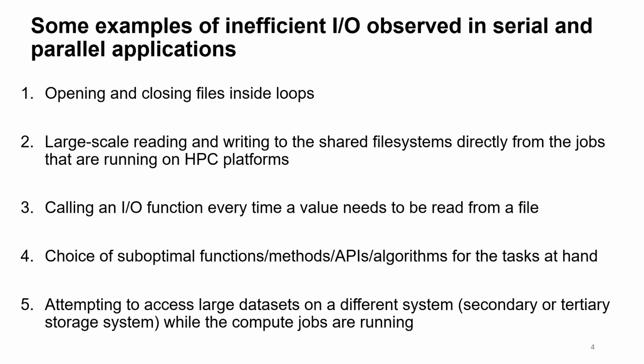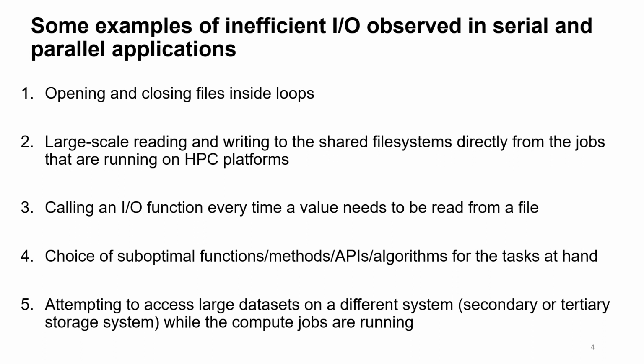Let us look at some examples of inefficient I/O observed in serial and parallel applications. We have seen that oftentimes people open and close files inside loops. We've also observed that there is large-scale reading and writing to the shared file systems directly from the jobs that are running on the HPC systems.